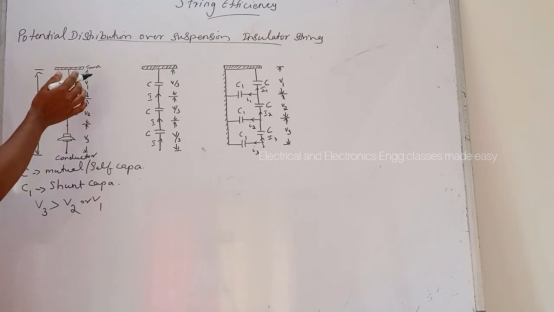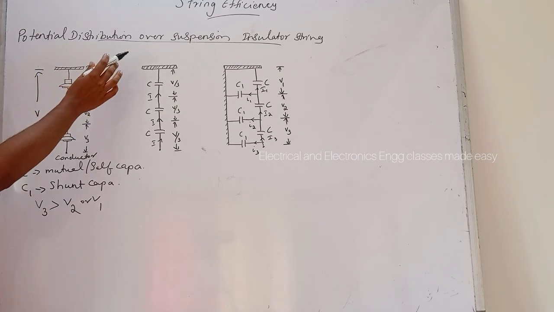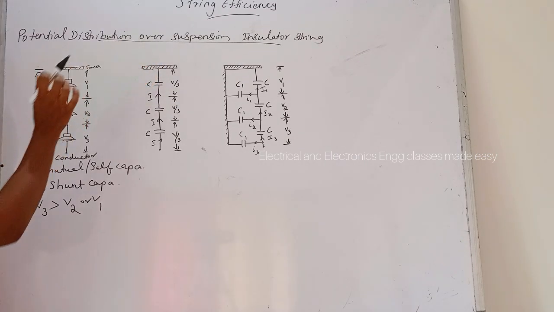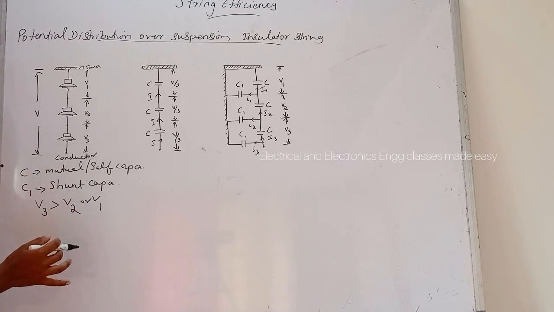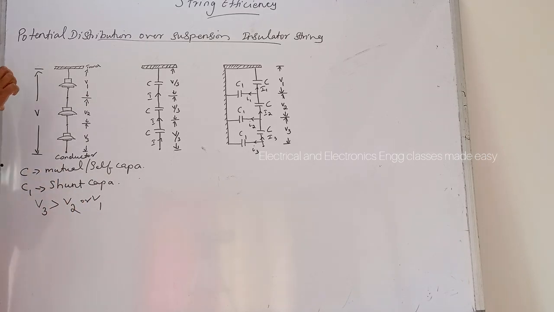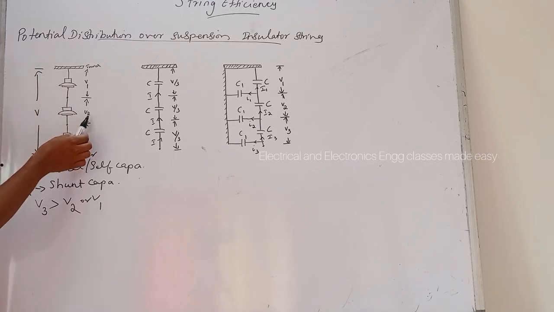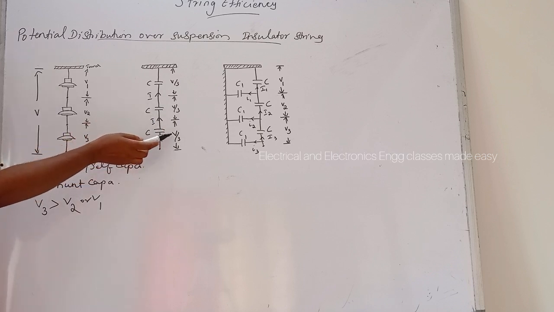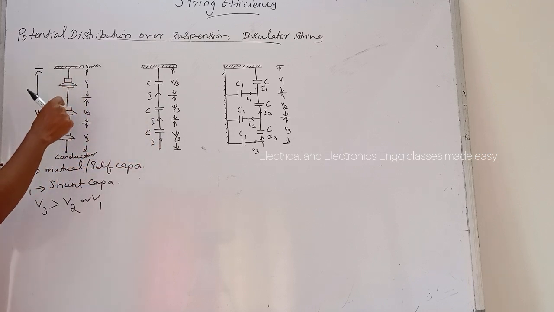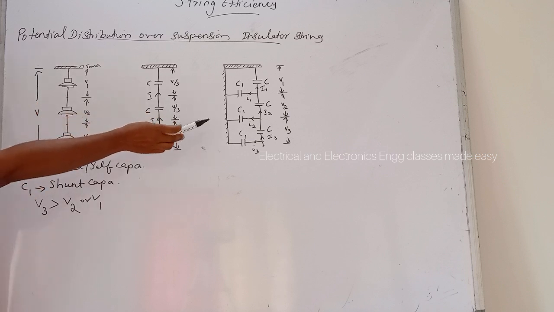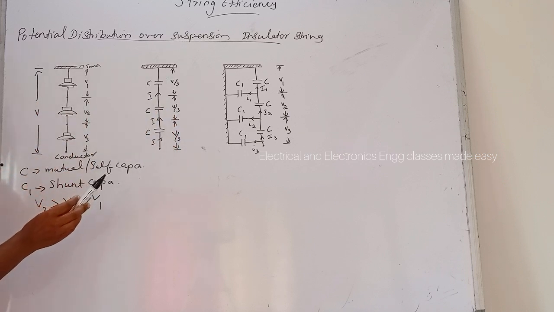While considering the potential distribution over a string of suspension insulators, the voltage impressed on the string does not distribute itself uniformly across each disc due to the presence of the shunt capacitance.